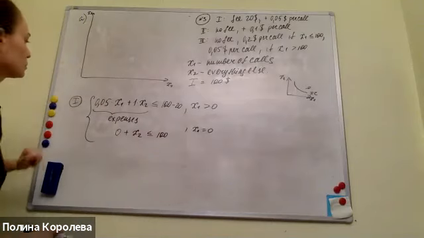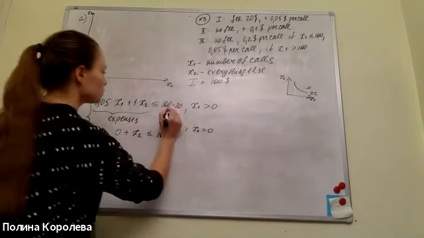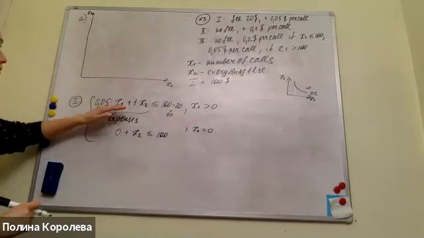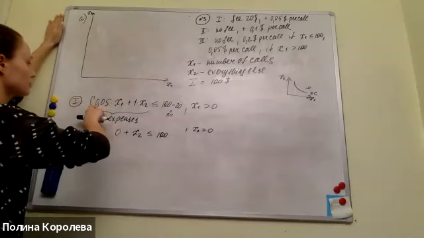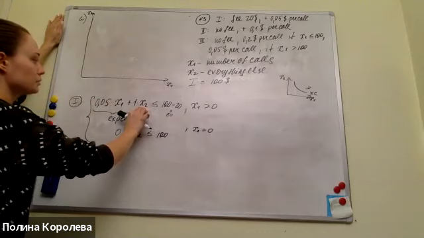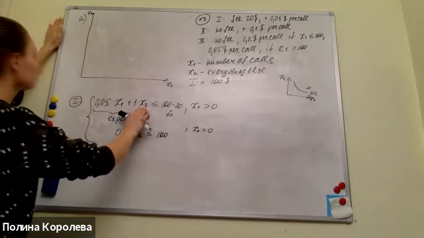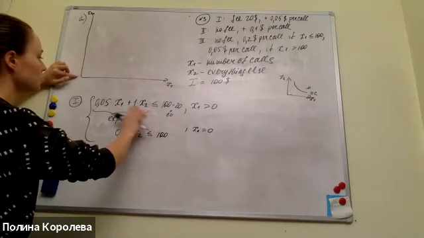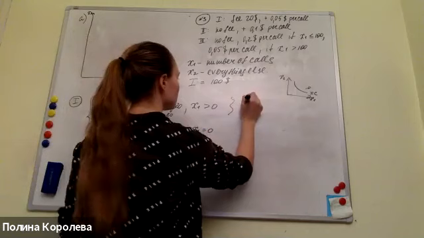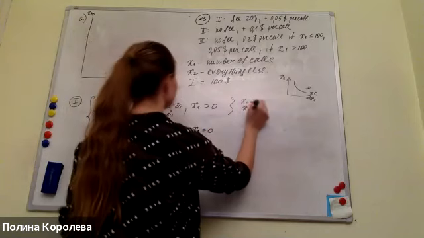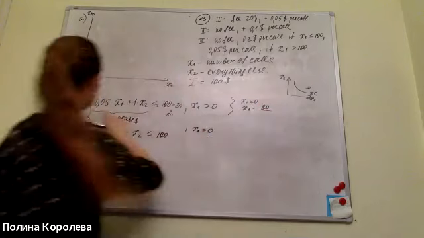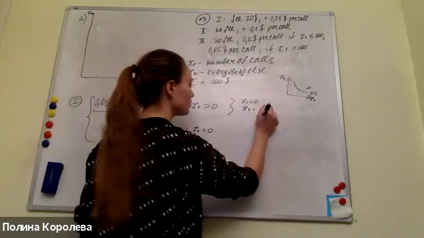Let's draw it in the graph. So here, this is 80. If x2 is equal to 0, x1 will be equal to 80 divided by 0.05.